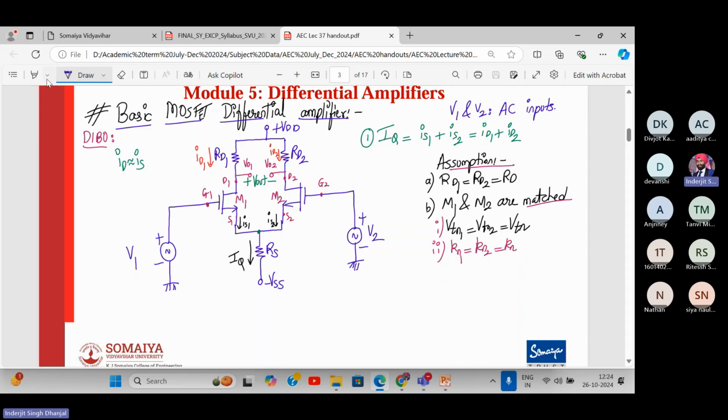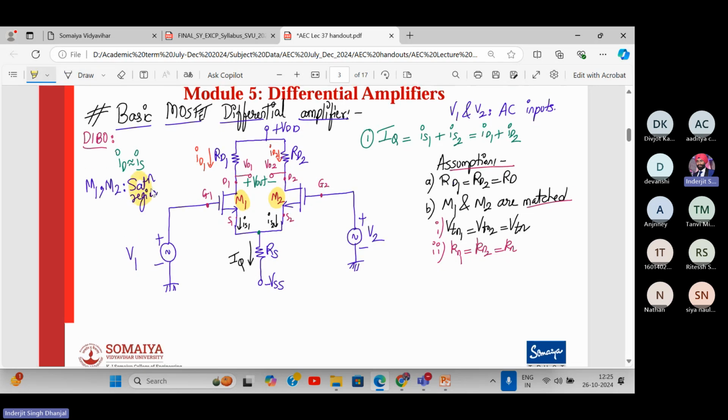Now see carefully this M1 and M2. We have seen earlier that for a transistor to work as an amplifier, my MOSFET should be operated in the saturation region. That means for this differential amplifier also, M1 and M2 should be in the saturation region.